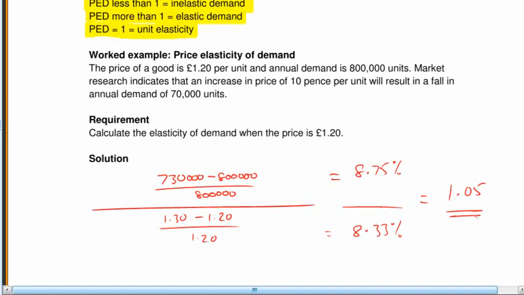Because that exceeds 1, we would say that is an elastic demand. You see why we call it elastic or responsive, that quantity demanded changed by a greater percentage than the change in price. So it's responsive, it's an elastic demand.